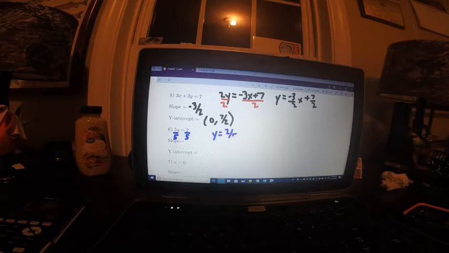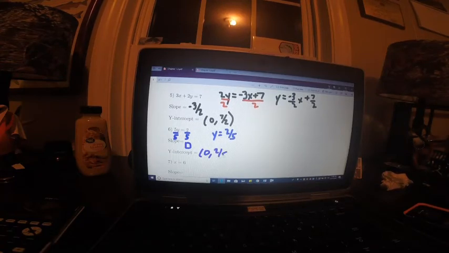So when y equals a constant, we know that our slope is 0, and that our y-intercept is just going to be where our line hits our y-axis, which is at this constant. So in ordered pair form, 0, 2 over 5.